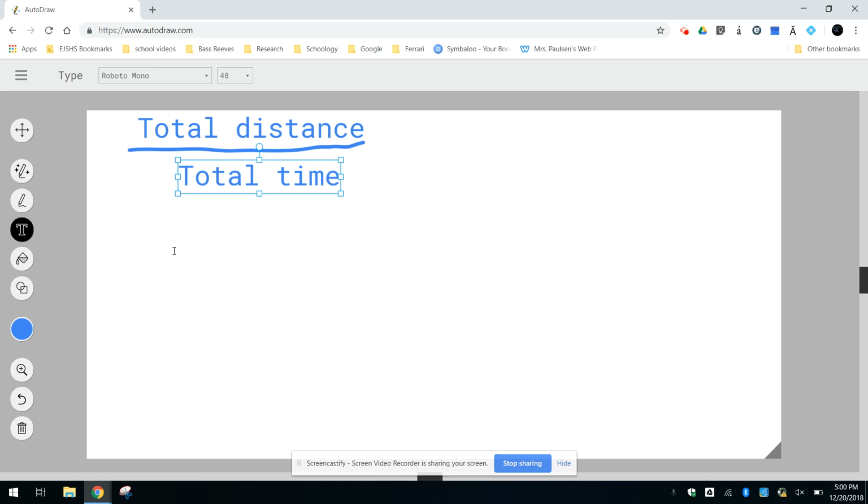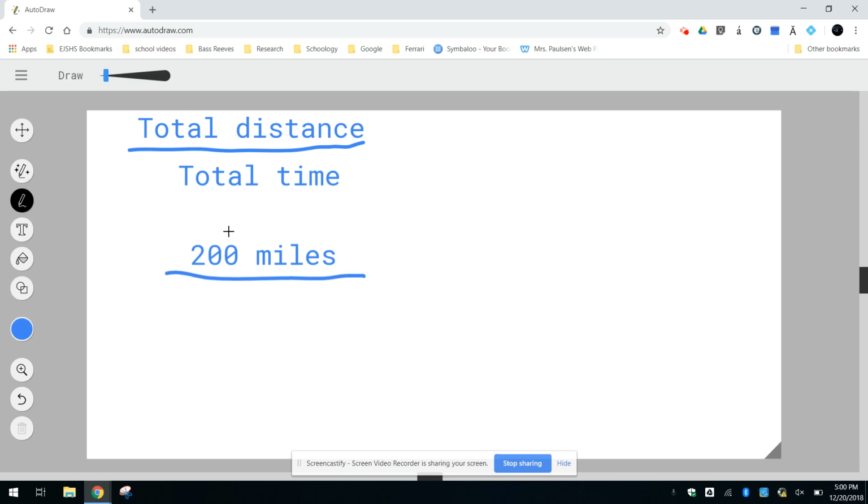A car has traveled 200 miles in 5 hours. So the total distance is 200 miles over, and then the total time, which is 5 hours.